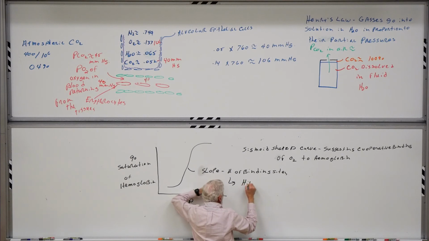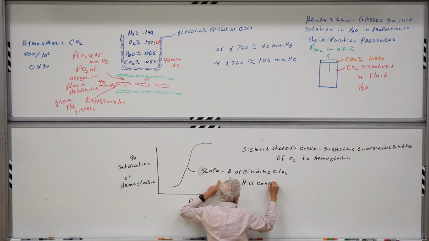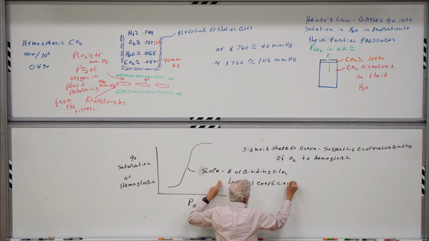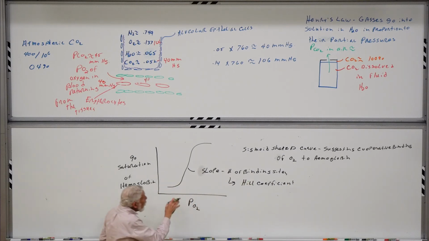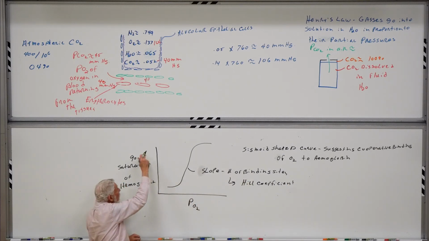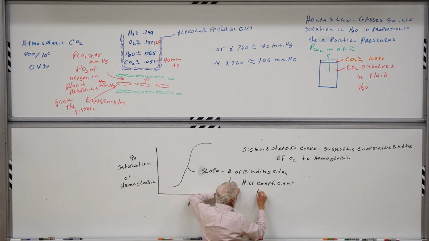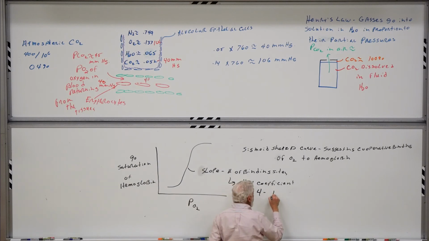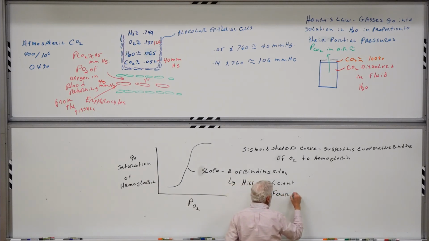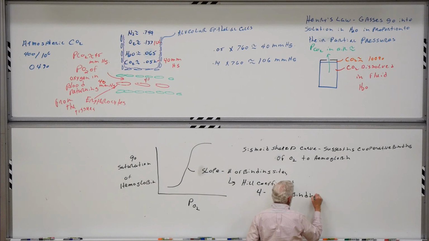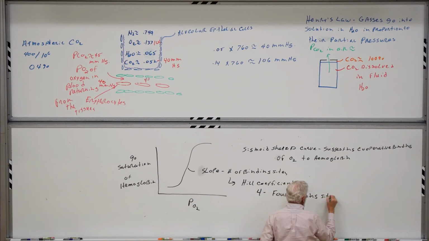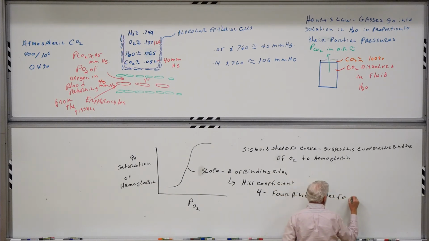It's called a Hill coefficient. When you look at the slope of this curve of percent saturation versus partial pressure of oxygen, you find the Hill coefficient is 4. This tells us that there are 4 binding sites for oxygen.